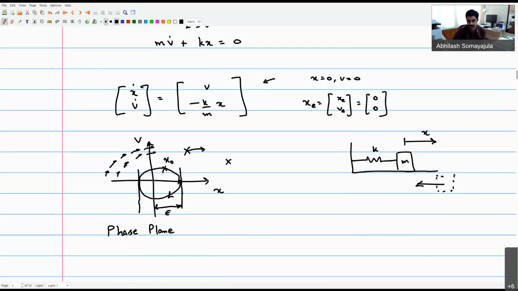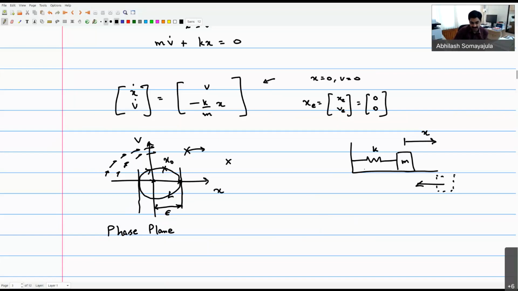No, this is not attractive. Not all trajectories are leading into the endpoint. In fact, if I start on any of these paths, I'll keep rotating on this path infinitely, but I'll never get to the origin point, which is my equilibrium point, right?